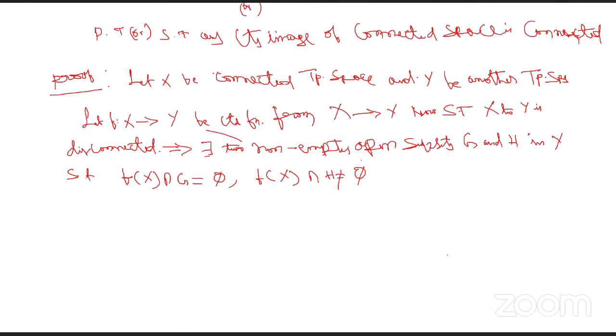That is, f of X intersection G is not equal to null set, and f of X intersection H is also not equal to null set.